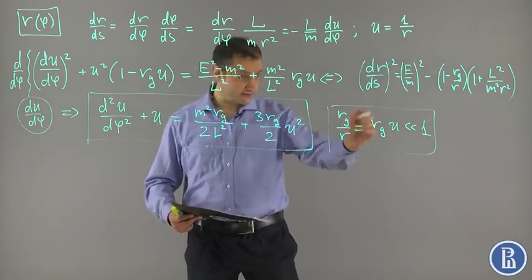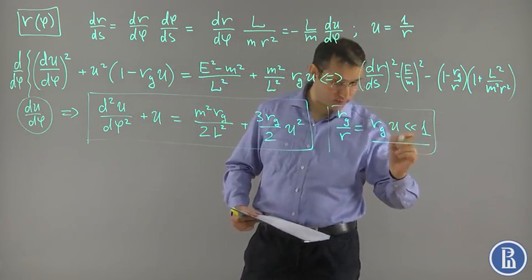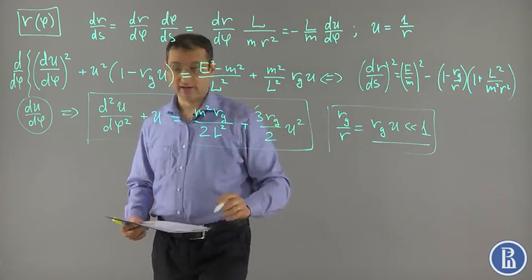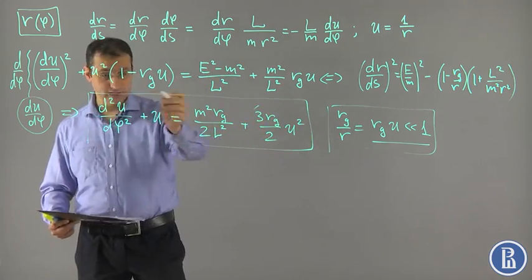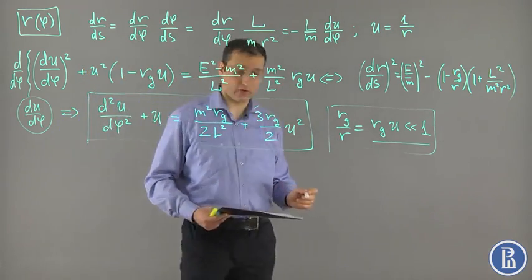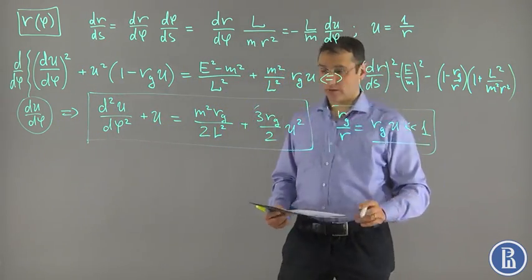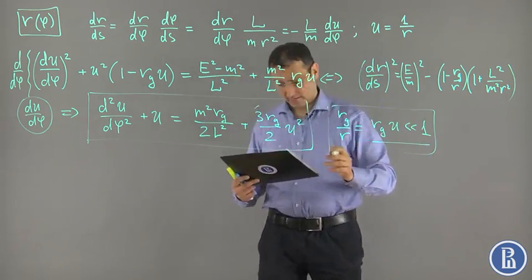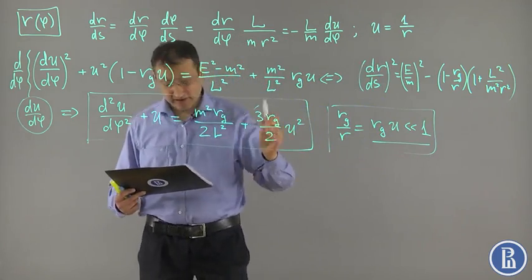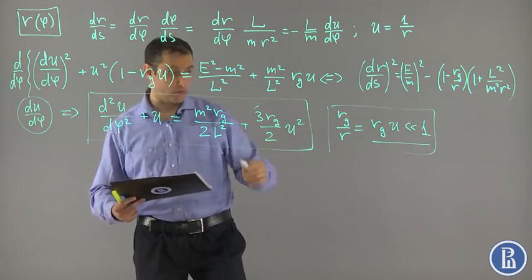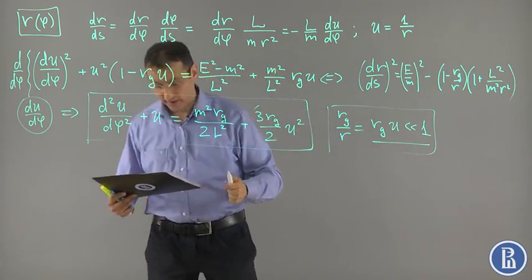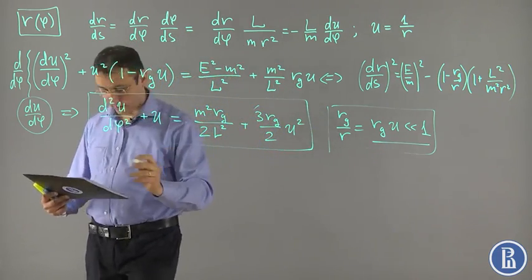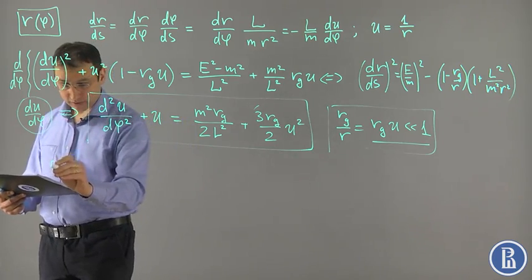So in this non-relativistic limit, when this is much less than 1, this term is small in comparison with the rest of the terms in the equation. So in this limit, we can neglect this term. This is the Newtonian limit of this equation. Let us see that explicitly.